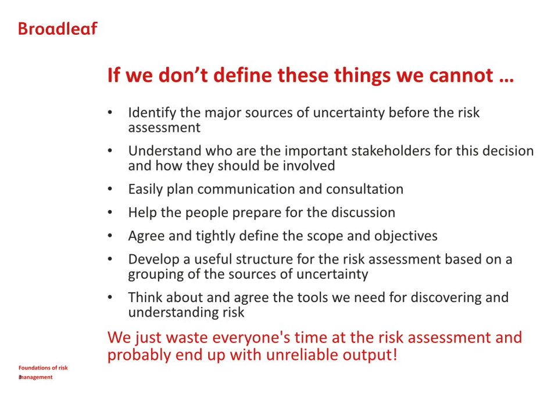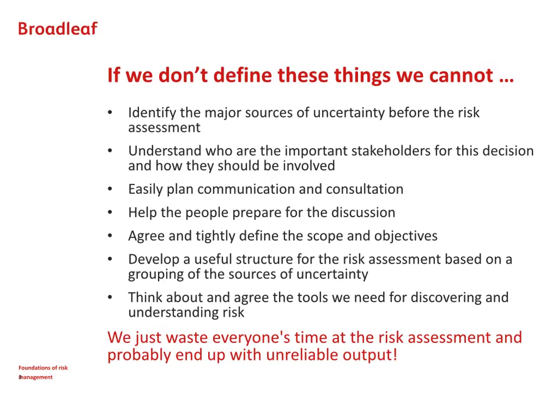If we don't define these aspects at this stage, then we face a problem. For example, we can't then move on to discover and identify risks because we haven't appreciated the major source of uncertainty, the risk sources. We don't have a clear understanding of stakeholders and what are their objectives and how they should be involved.